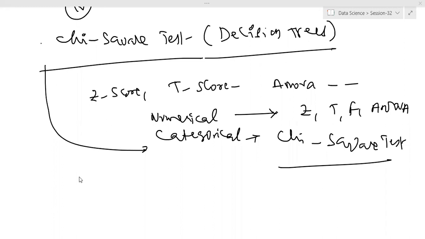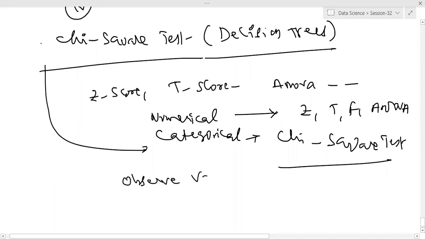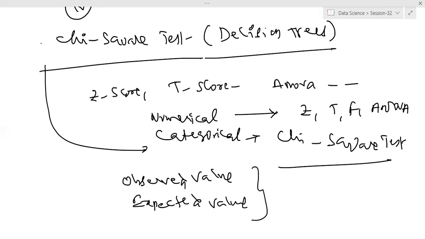I'm giving you one more thing, friends: observed value and expected value. Which is the original and which is the computed value? Observed value is the original, and expected value is the computed value.